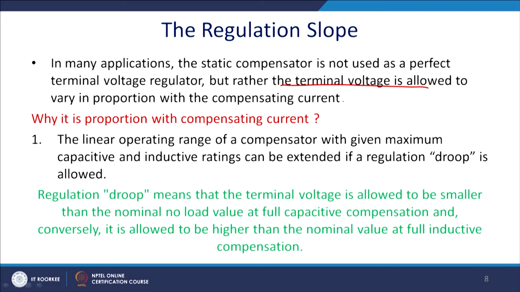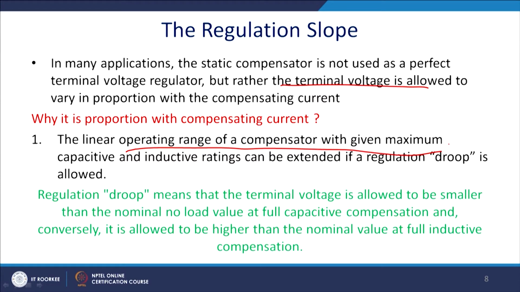We know that the reactive power handling capability varies with the voltage in case of the SVC. The linear operating range of the compensator with a given maximum capacitive and inductive current can be extended if the regulation drop is allowed. So, then it will be linear, otherwise it is quadratic.